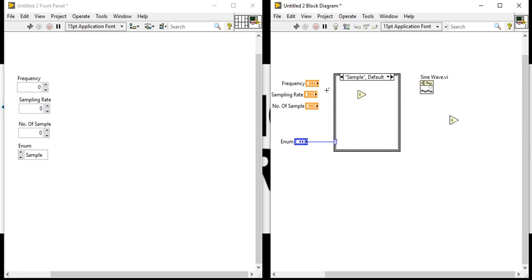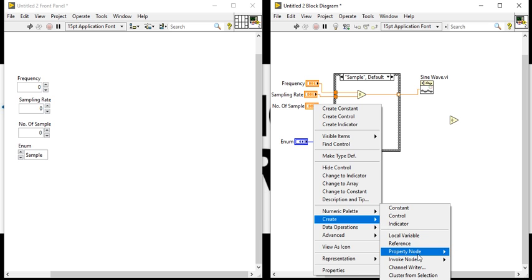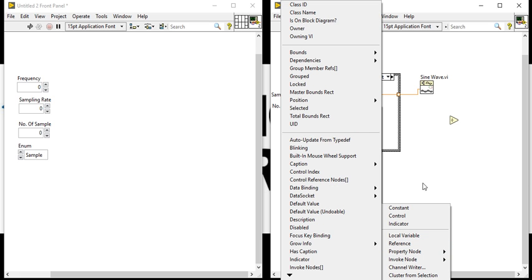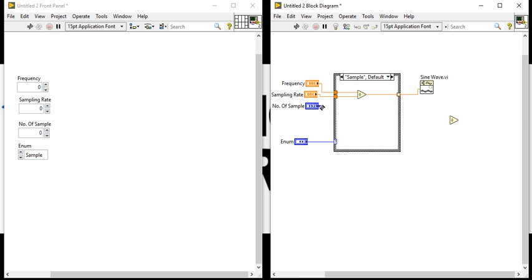In this sample case, we'll divide our frequency by the sampling rate, and we'll connect it to the frequency input. Now let's convert it into I32, because the number of samples will never be a decimal value. So we need to convert.